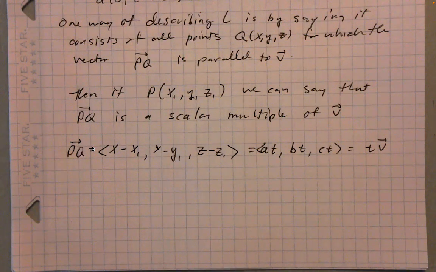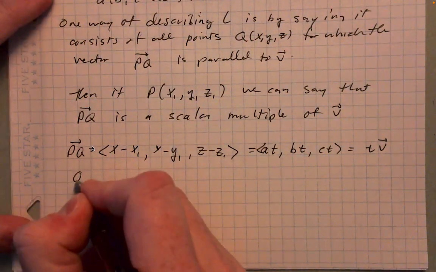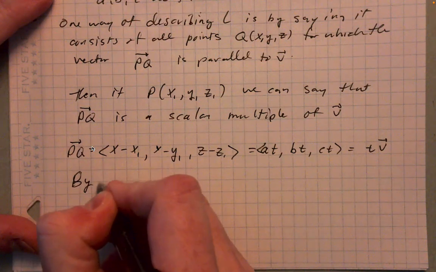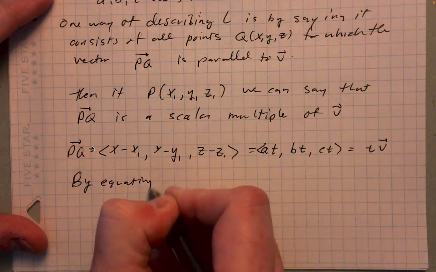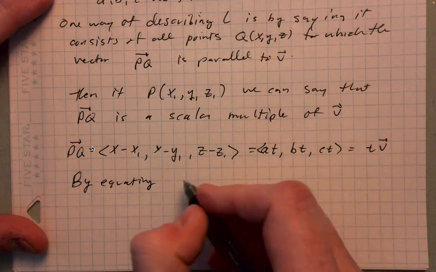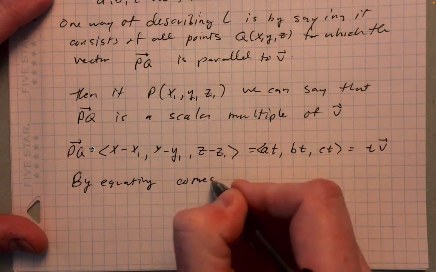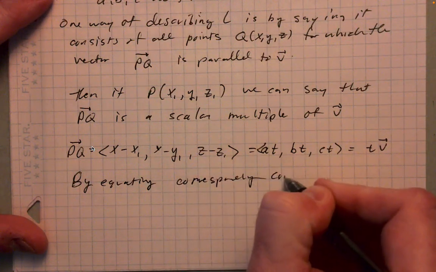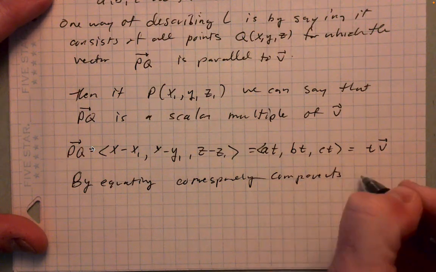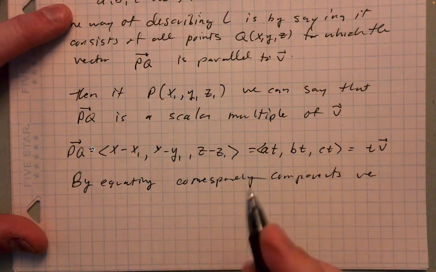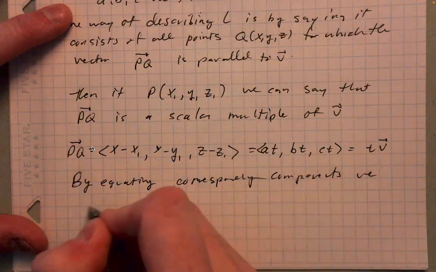Okay. So this leads us to a very nice way of representing lines in space. What we can do is equate corresponding components, and we'll get the following parametric equations.